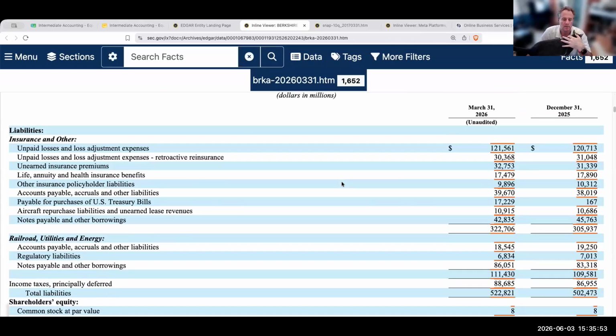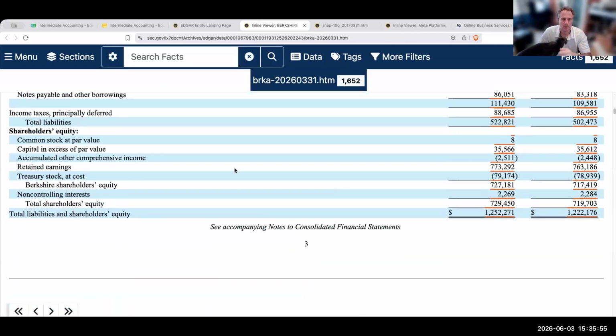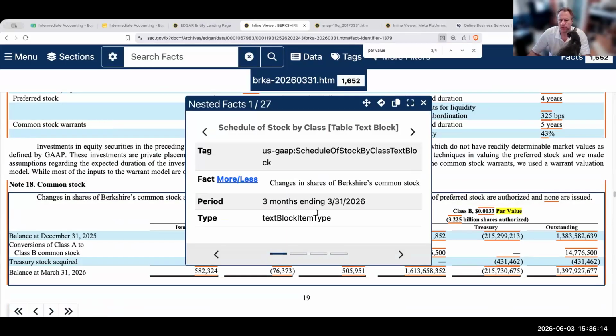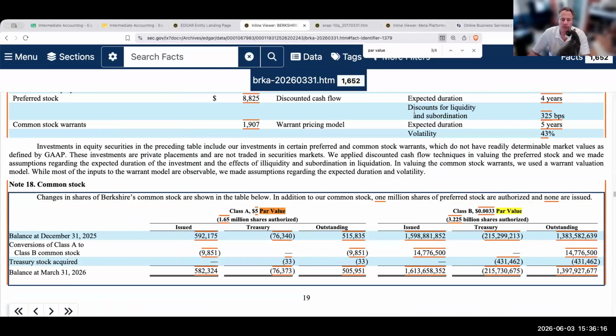I'm going to do a little quick search. Just give me a moment. So if I look at Berkshire Hathaway, Berkshire Hathaway has a $5 par value. And now you might say, well, Bennett, Berkshire Class A shares have a $5 par value, so your theory is debunked. I thought it was always going to be a fraction of a penny.